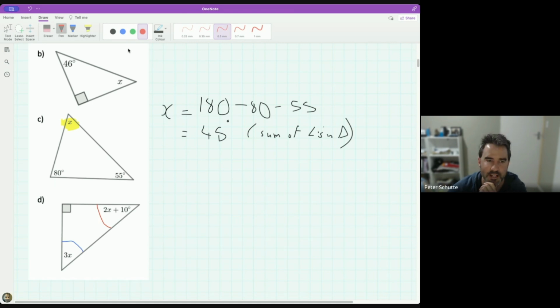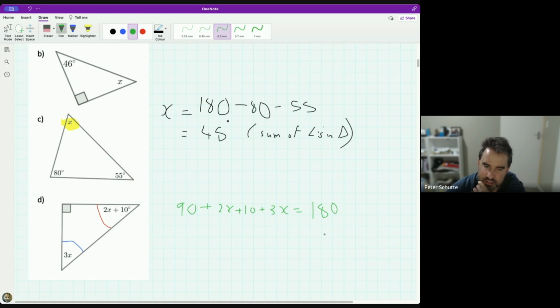Maybe even form a little equation to help you. I think all of those need to add up to 180, and that's going to be the same reason as up here: sum of angles in a triangle.